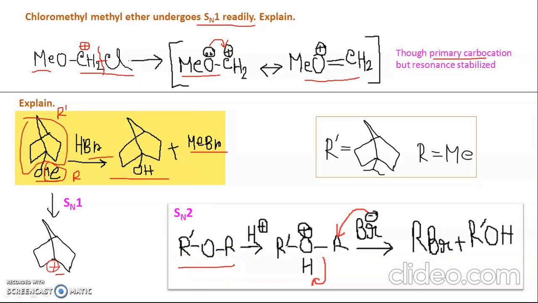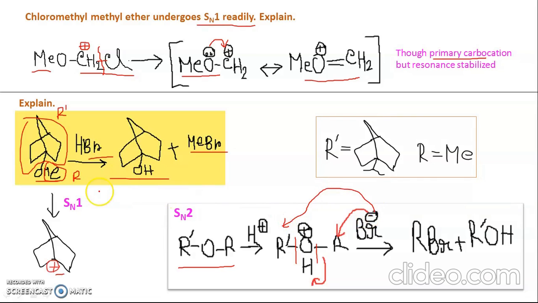Now we are using HBr, so the oxygen will be protonated. See, the oxygen is protonated. Now the Br minus which is left out, you can think that Br minus can attack on the methyl group that is present here on the right hand side. But you can also ask why it is not attacking at the R prime.